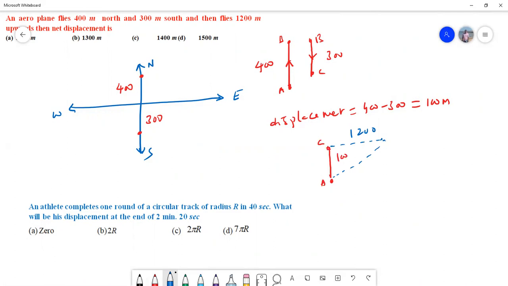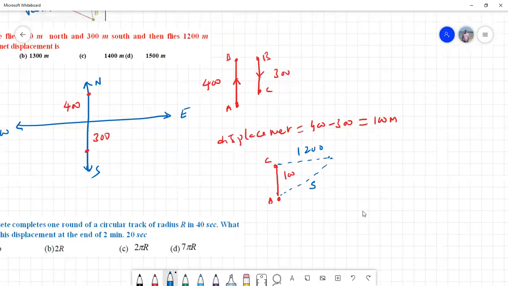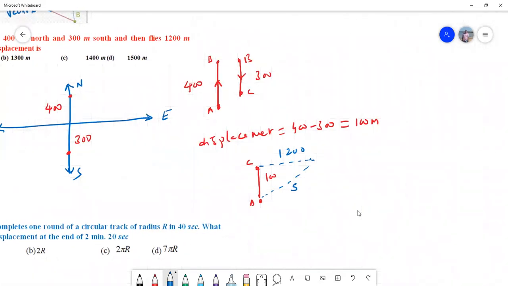Displacement is this. Now we want to find out the net displacement. So if we calculate the net displacement, S is equal to root over 1200 square plus 100 whole square, because these are perpendicular. If you simplify this, you'll get 1204 meters.